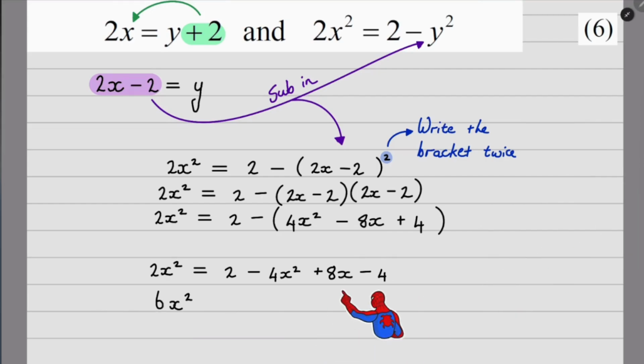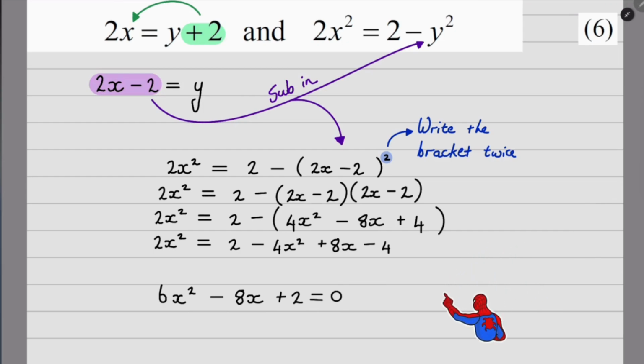Okay, now I'm going to target the x's. I've located one here, move it over, it becomes minus 8x. And then I'm going to move the 2 and the minus 4 over quickly. And don't forget the equals at the end here, bro. Okay, minus 2 plus 4 is positive 2. So I'm going to simplify the like terms to plus 2 there.